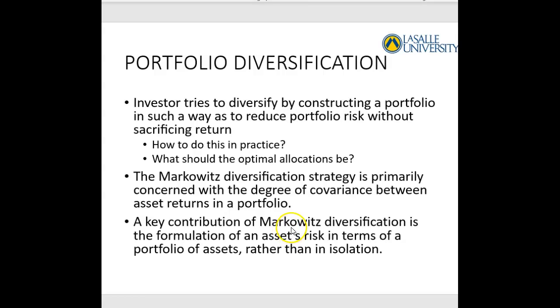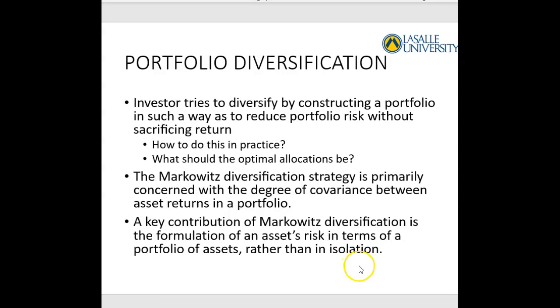And Markowitz's diversification helped us understand that strategy as a formulation of the asset's risks in terms of the overall portfolio rather than in isolation. So for example, if I have an asset stock XYZ, the risk of that asset is the variance of the asset.